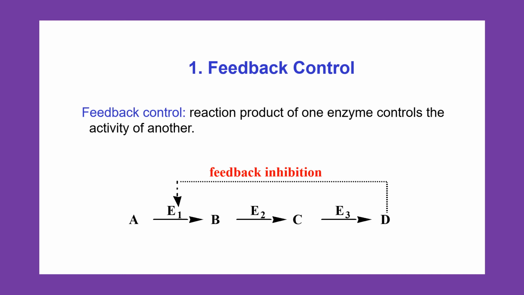Feedback control is an enzyme regulation process in which formation of a product inhibits an earlier reaction in the sequence. The reaction product of one enzyme may control the activity of another by competitive or non-competitive or some other type of inhibition. In the reaction, we can see that D is produced after a sequential enzymatic reaction, which may inhibit the activity of enzyme E1 by feedback inhibition.